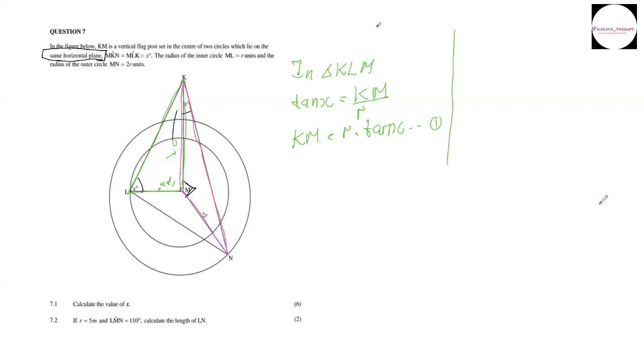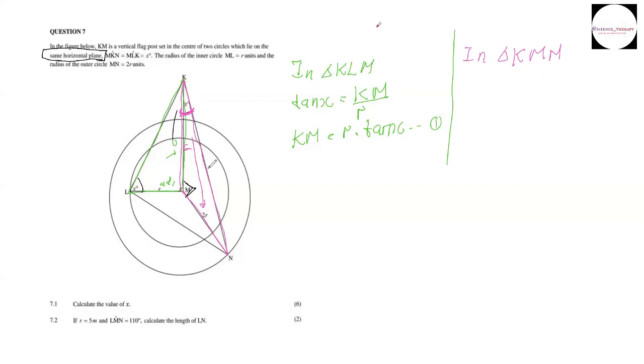Right, then let's come to this other triangle there. In triangle KMN, again, we want to express this with KM being the subject of the formula, but let's check. This is a 90 degree angle. That means SOHCAHTOA can also apply. But let's look at it from this angle that we are given here. You can see that we are given the opposite side, which is this 2R here, but then we are looking for the adjacent side here.